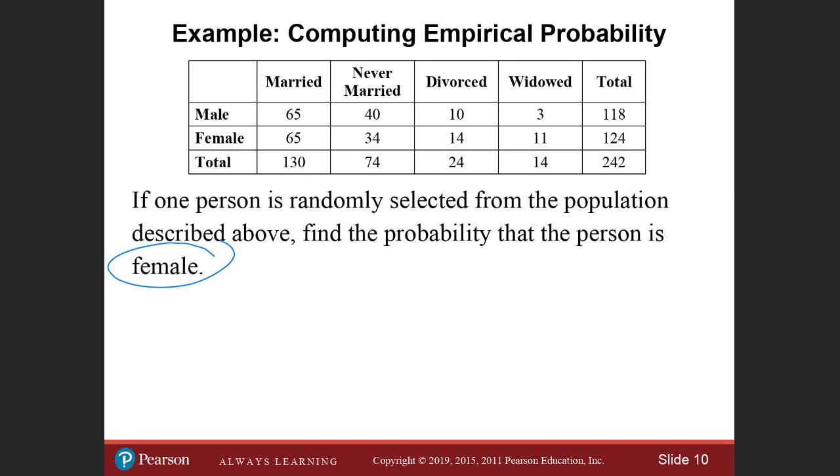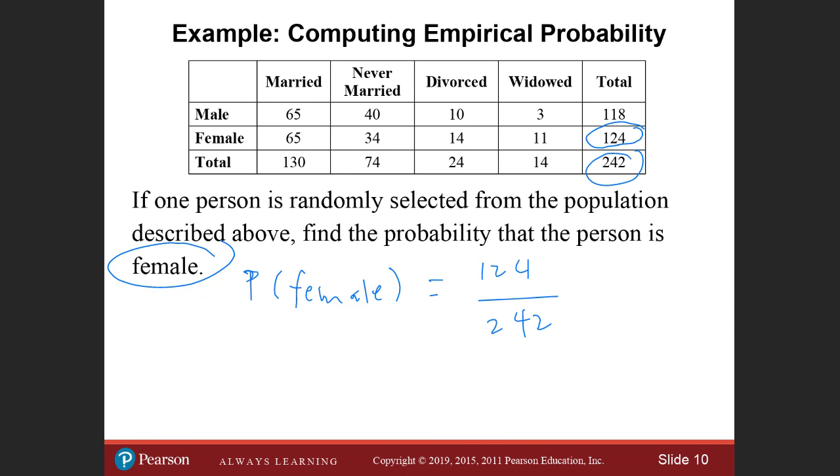So when you're working with that, the probability for female would be the number of females here, 124, divided by the total, which is 242.